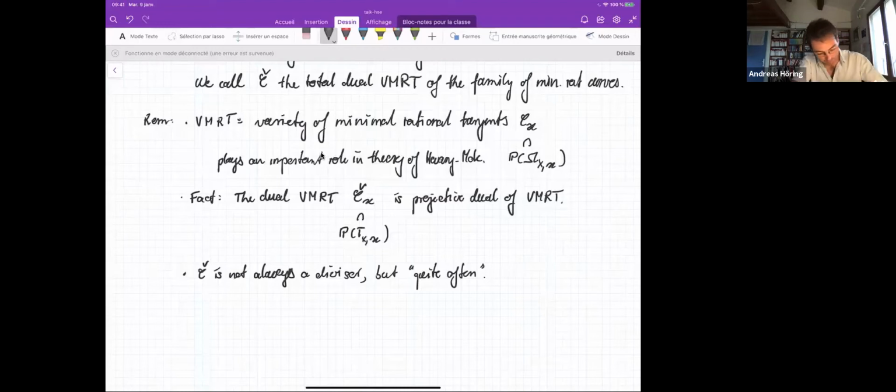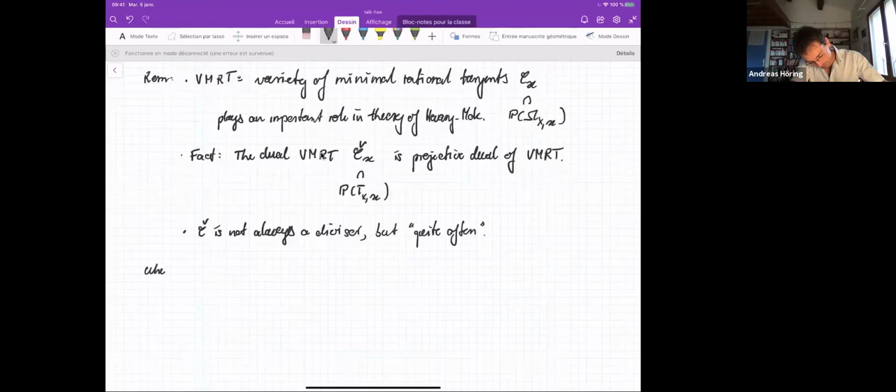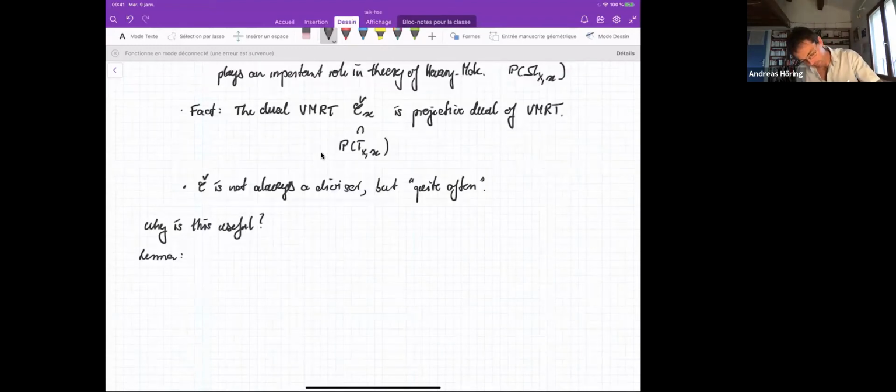And let me illustrate why this is true. So why is this useful? This construction. So comes the lemma. Let X be a Fano manifold with Picard number 1. Assume that C-Chetch is a divisor.